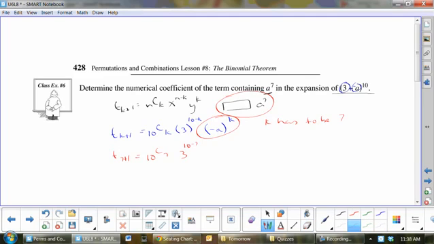Maybe keep it in the same form. And then you have negative a to the 7. Now, I want you to change this to negative 1 times a for the next reason I'm going to show you. T to the 7 plus 1 can also be written as 10C7, 3 to the 10 minus 7, negative 1 to the 7, a to the 7.